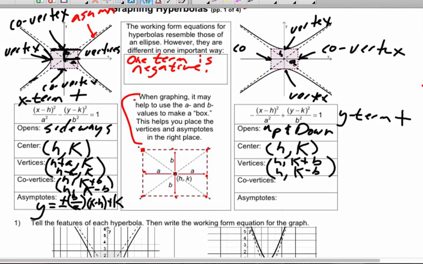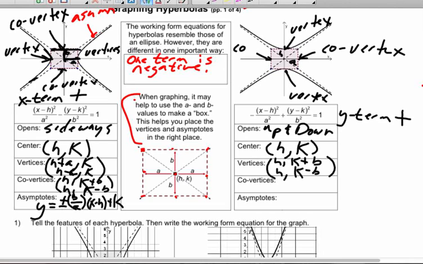Where my vertices on the horizontal one were, now my co-vertices on the horizontal one are now my vertices. And again, these points are the same, it's just that when your Y term is the one that's positive, it opens up and down, and so you switch what's a vertex and what's a co-vertex.